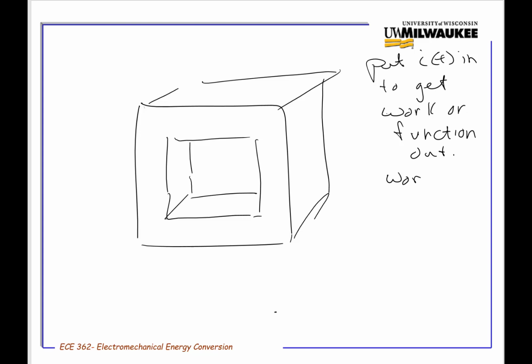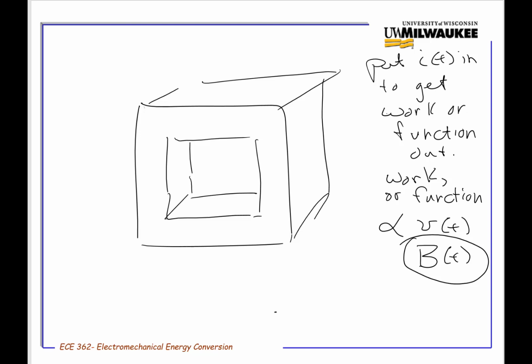The work, the thing that you're trying to do with this, is proportional to the voltage, or the B. The B is what you're trying to get. The H is what you're putting in. So remember that. If you had to put more current in to get less B, and there's more losses, then maybe you need to change something.